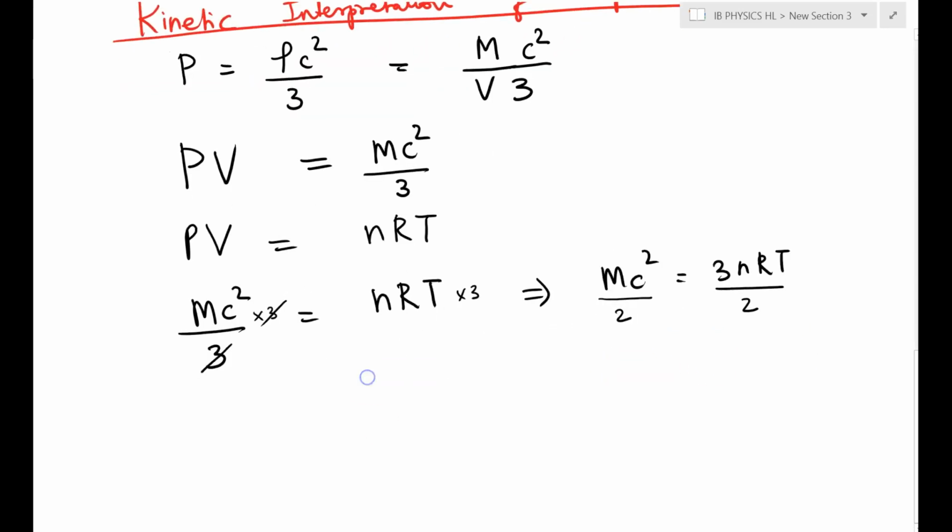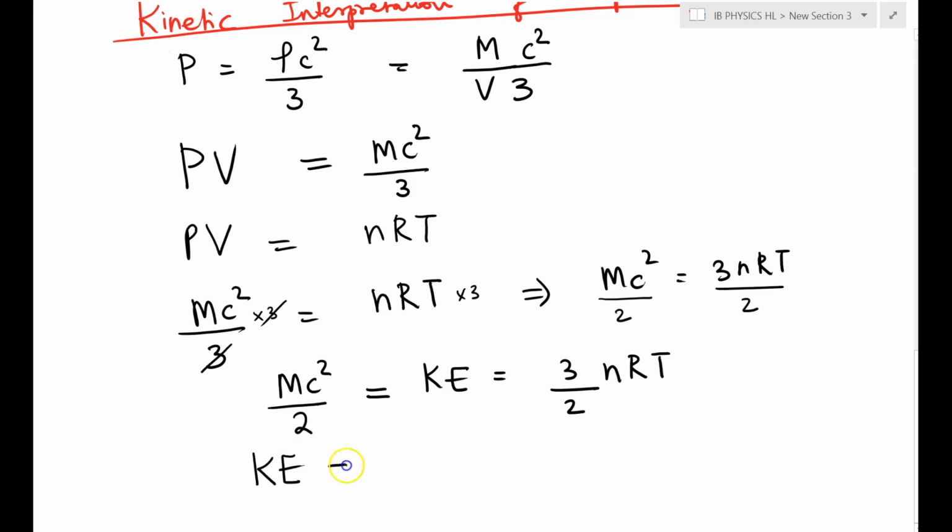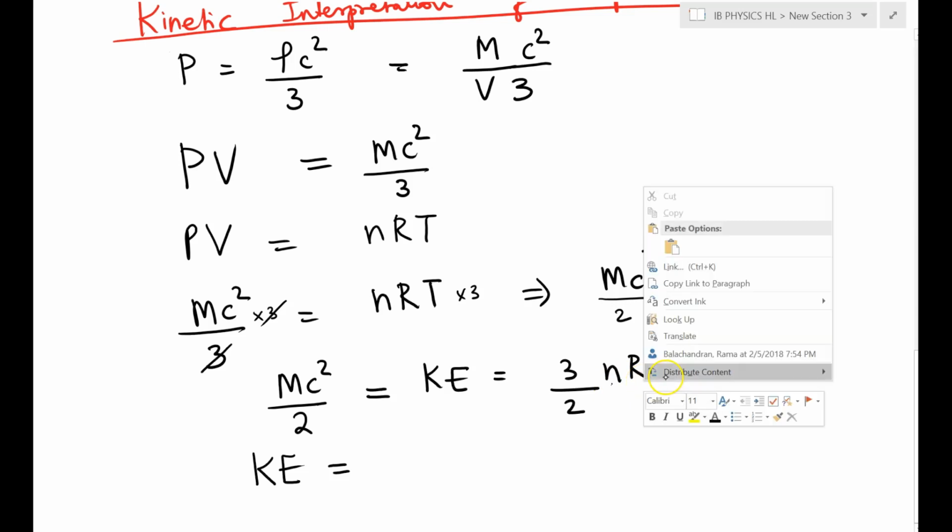So we have then mc squared divided by 2, which is our kinetic energy, equal to 3 over 2 nRT. So kinetic energy is equal to 3 divided by 2 nRT, where n is the number of moles, R is the universal gas constant, and T is the temperature.